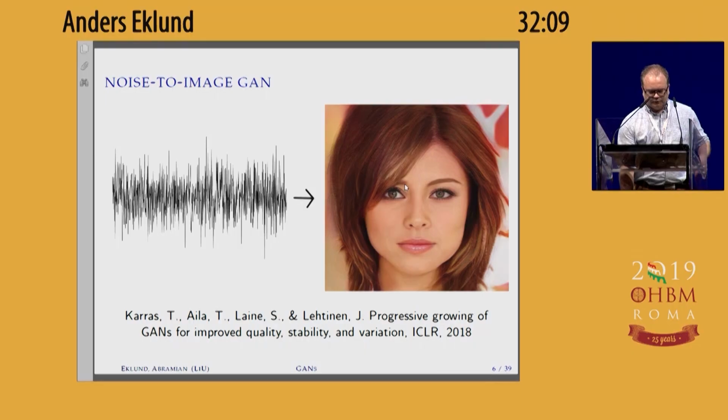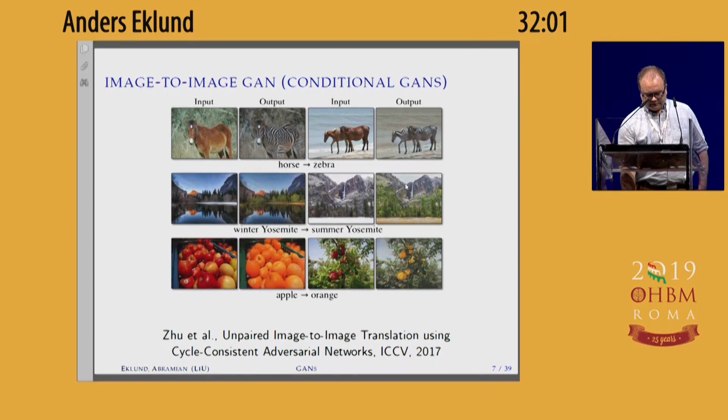And every time we send a new noise vector to this GAN, you will get a new realistic image. But image-to-image GANs are a bit different, in that you don't send a noise vector, but you send an image to the network and you get another image from the network. And this can be used for different kinds of translation tasks.